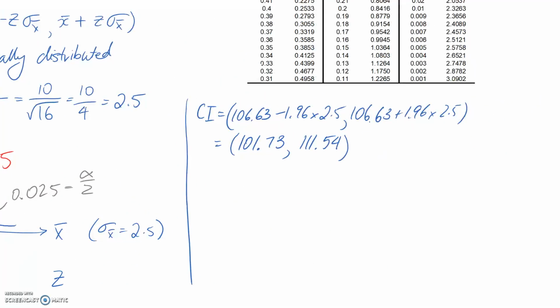Alright, so the last thing I wanted to say was how this is kind of interpreted. So what we can say is that we are 95% confident, since that was our confidence interval that we were given.